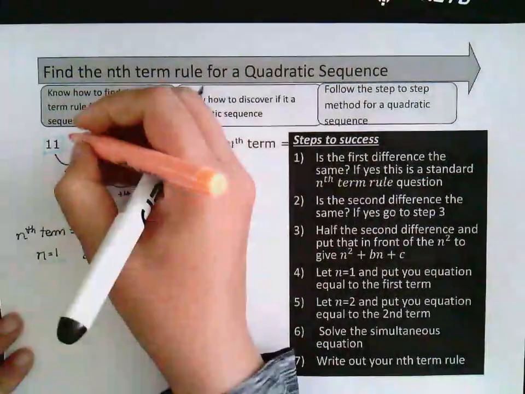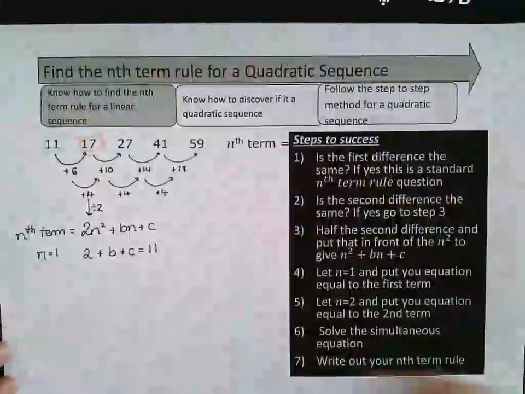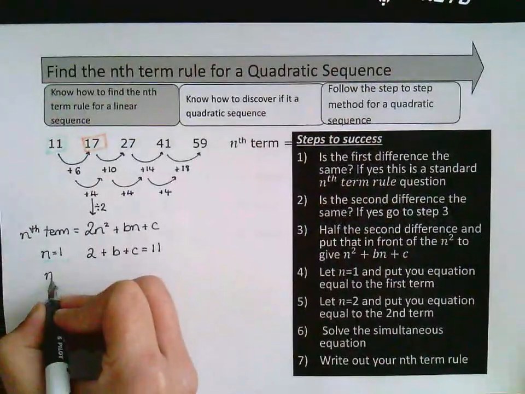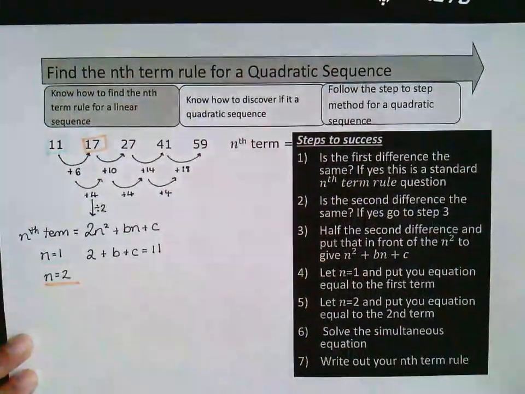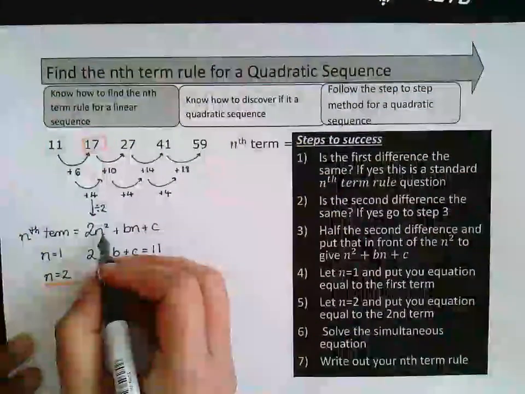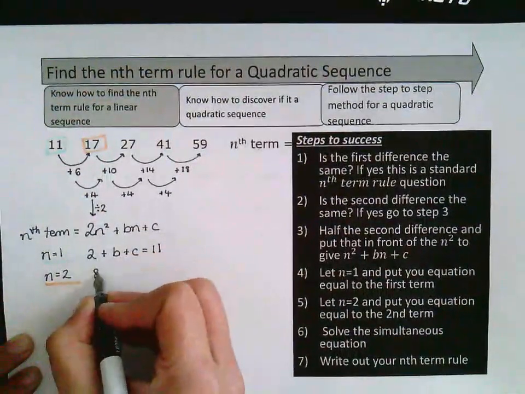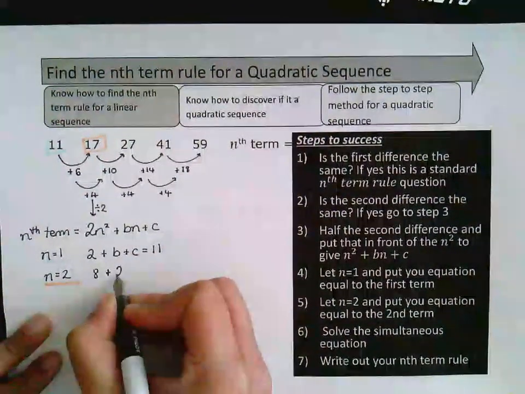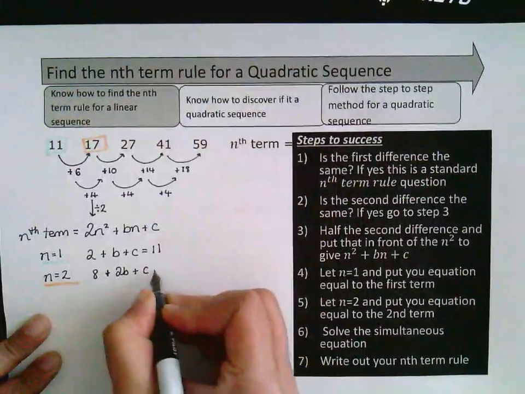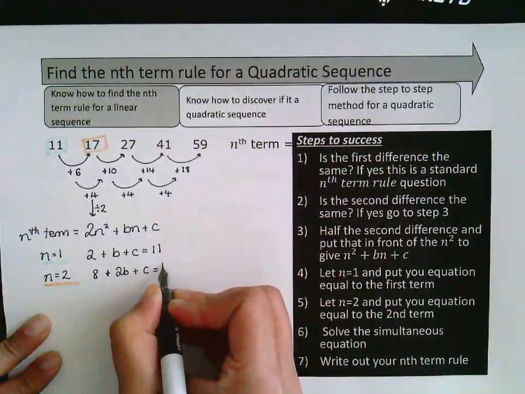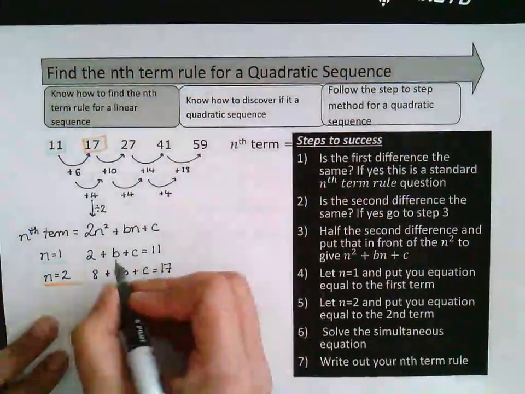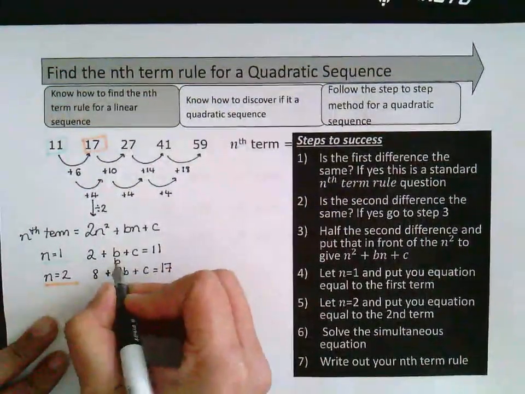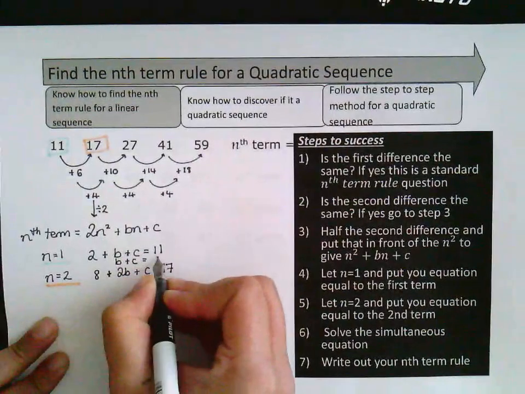Now, let n equal the number 2. So, 2 squared is 4, times 2 is 8, plus 2b plus c is 17. What I did forget to do up here, I'm going to take this number across, so b plus c is 9.